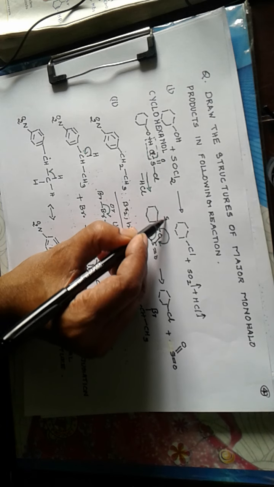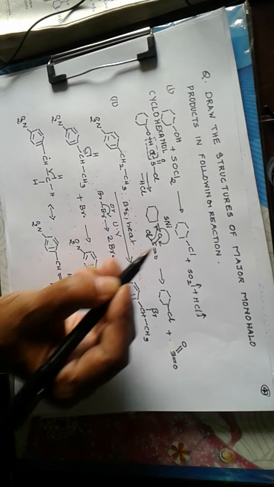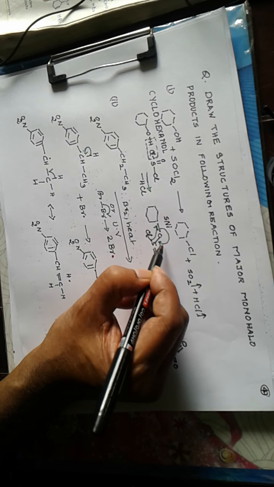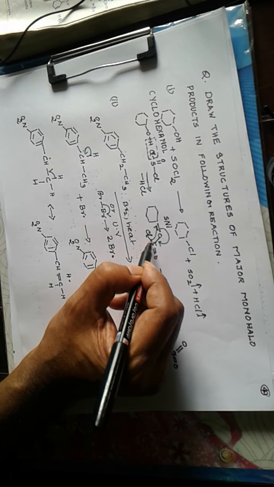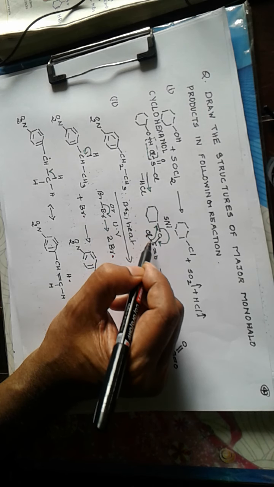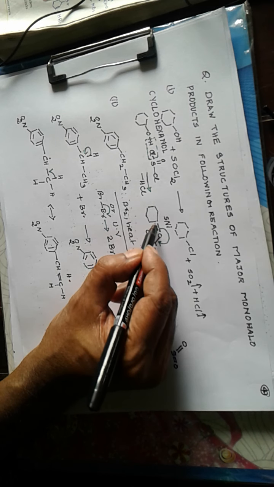Then I told you an SNi reaction occurs, substitution nucleophilic internal reaction, where this bond connected to O migrates to the position in between S and O, and to maintain the valency, this bond will be migrating in this direction, so that the bond along with chlorine will be connected to this position. So we get Cl here and SO2 as a gas, sulfur dioxide gas is produced.